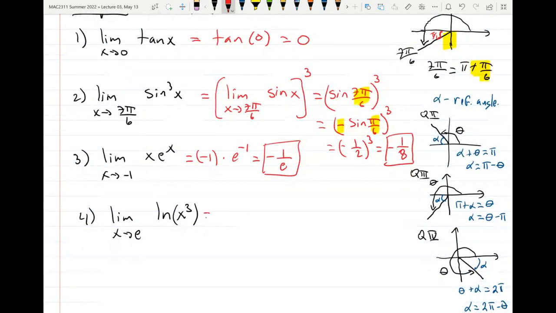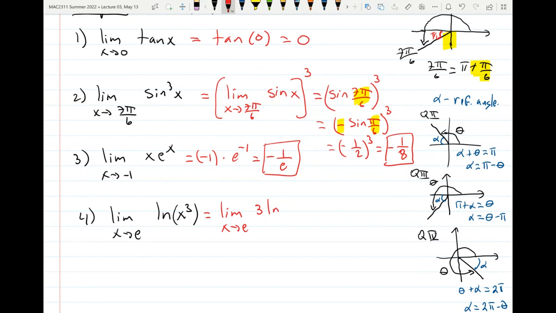And for number 4, for example, we can do the following. You could just plug in directly if you like, but once we talk about continuity, you will see that because this is a composition, to find the limit you just plug in as well. But we can use a little property now, and this way I remind you of the property. Remember that ln has the property that when you do ln of some power, it brings the exponent down.